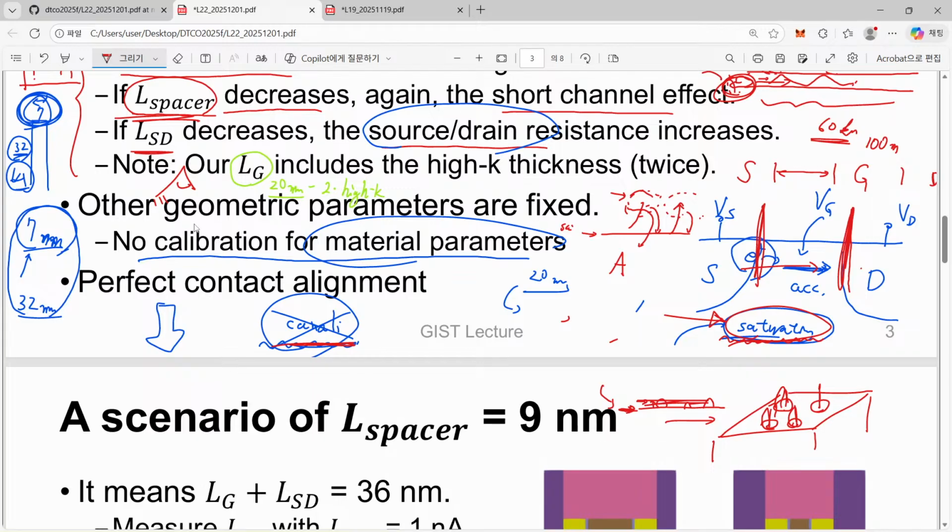Higher saturation velocity means that it actually becomes more ineffective in terms of velocity saturation. Or then maybe you can ask me this question. If that becomes so ineffective, why don't you just eliminate this model? Then it means that we completely neglect this velocity saturation effect and become free from it.